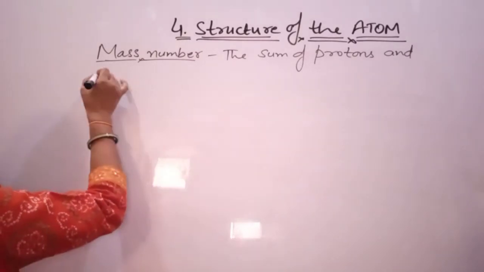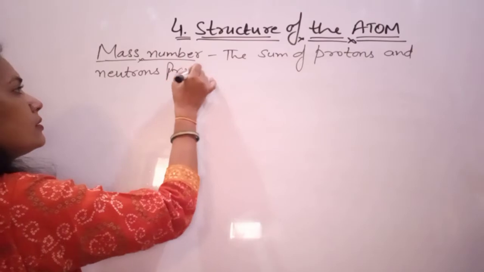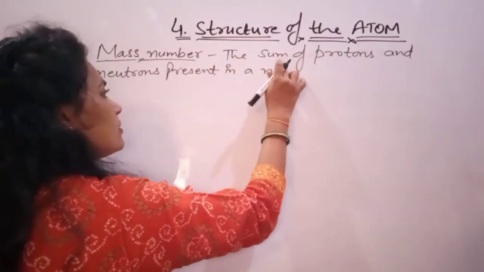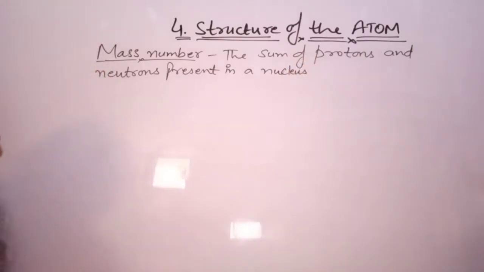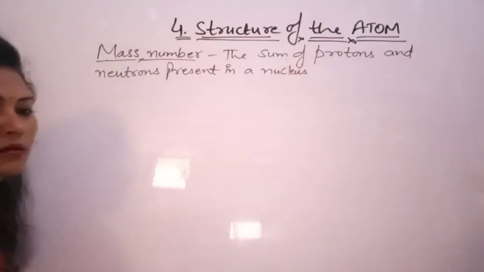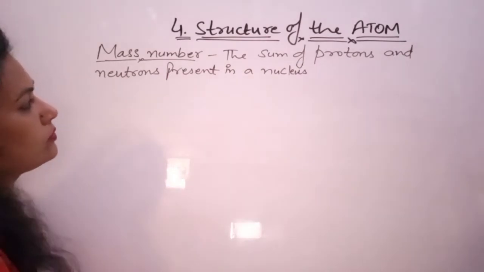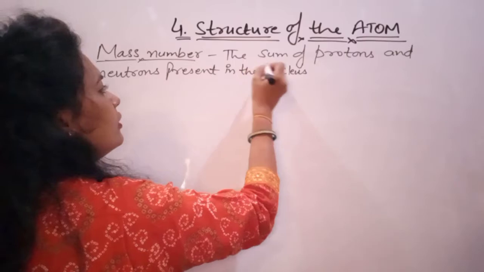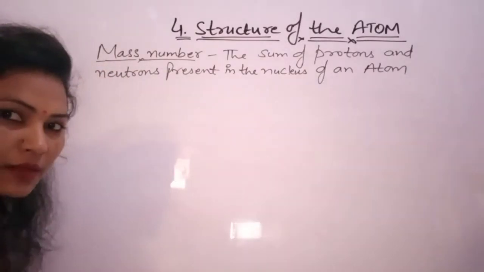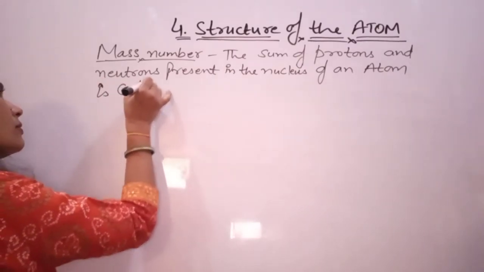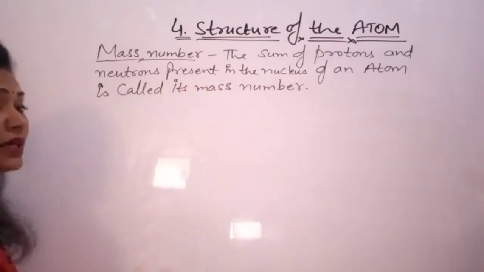The sum of protons and neutrons present in the nucleus of an atom is called its mass number, and mass number is denoted by capital A.